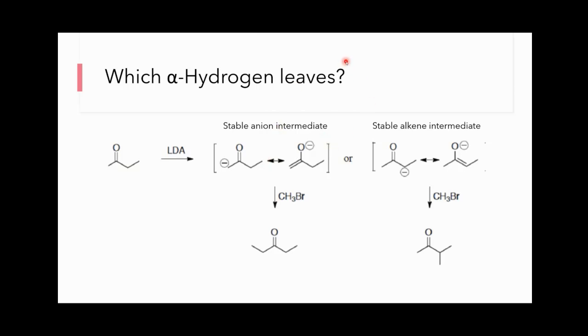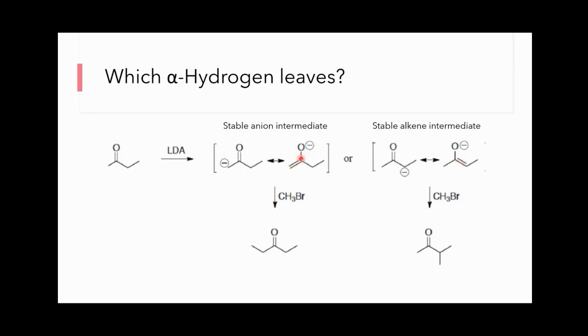However, for thermodynamic, you look for the stability of the alkene. After you deprotonate it, resonate it, kind of like this, and see how stable that alkene is. Here we would have 3 substituents on the alkene.